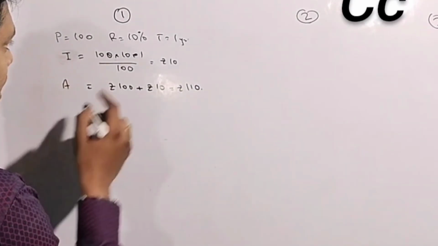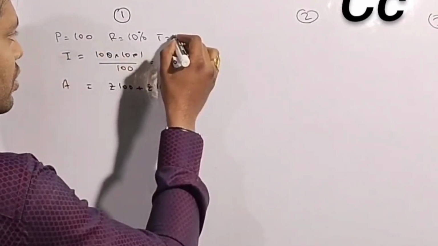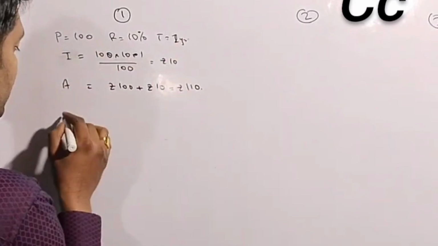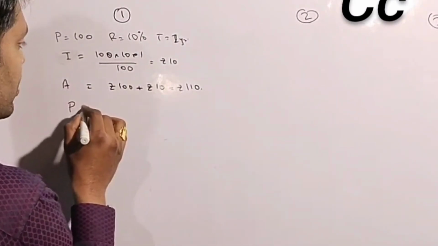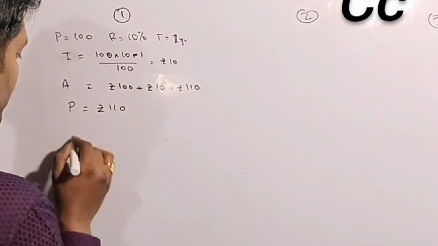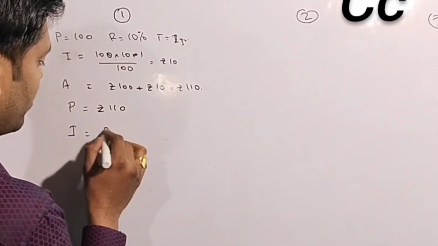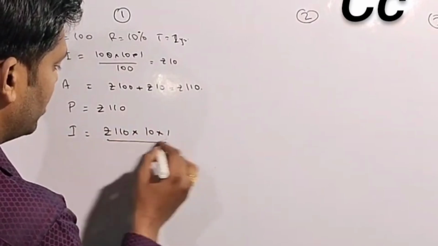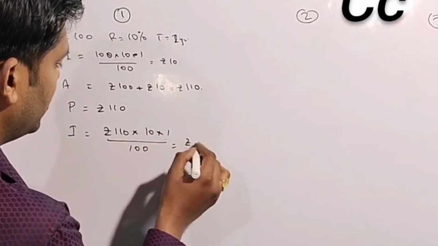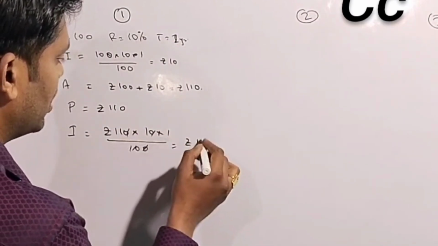Next I have to find out the interest for the second year. If this is the amount for the first year, this will be the principal of the second year, 110. So interest for the second year is P into T into R by 100, so your answer will be 11.